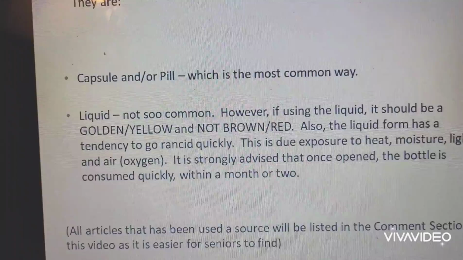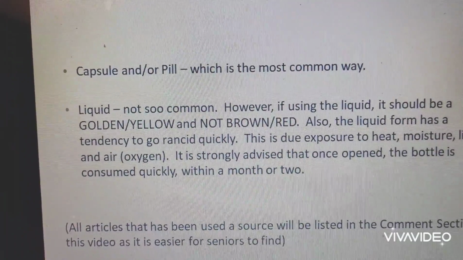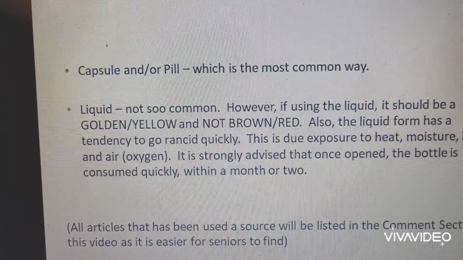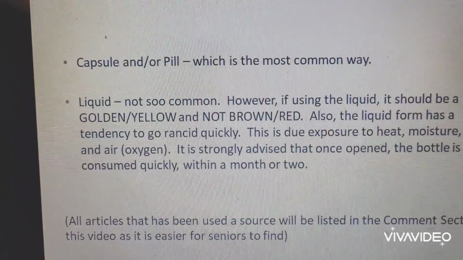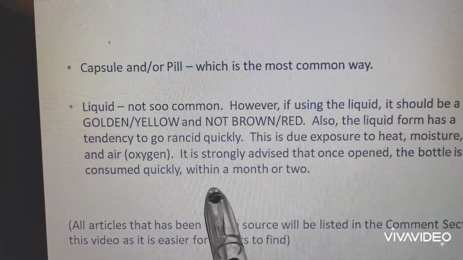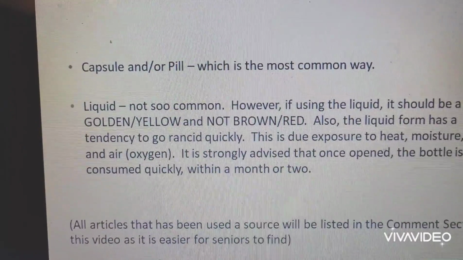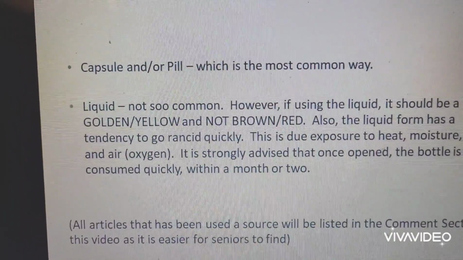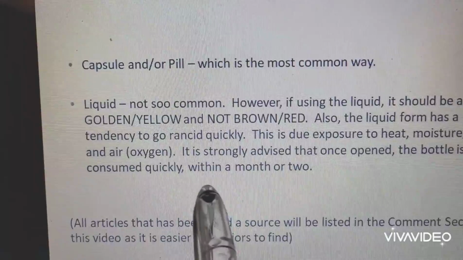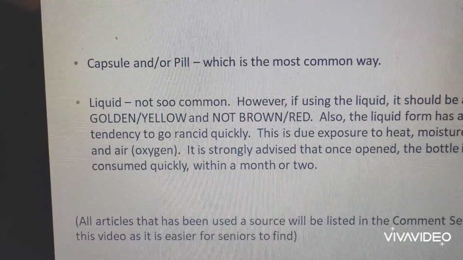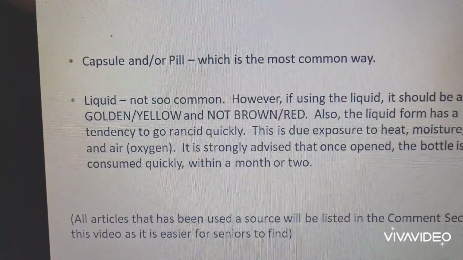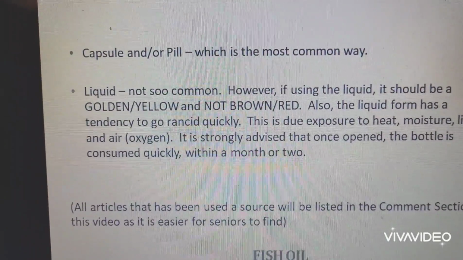And I put oxygen in parentheses because, as you know, oxygen can actually start a chemical process called oxidation. Okay. Now, it is strongly advised that once you pop open that lid, the bottle is consumed quickly within a month or two. So they're only giving you a leeway of a month or two, and it must be tossed.